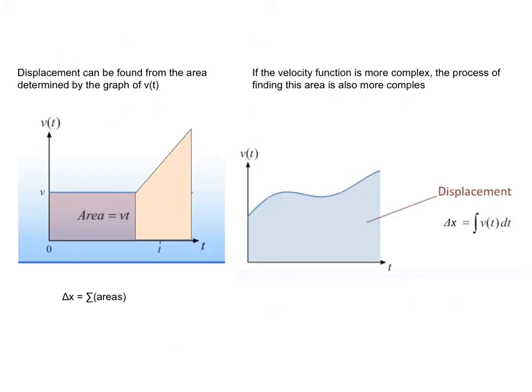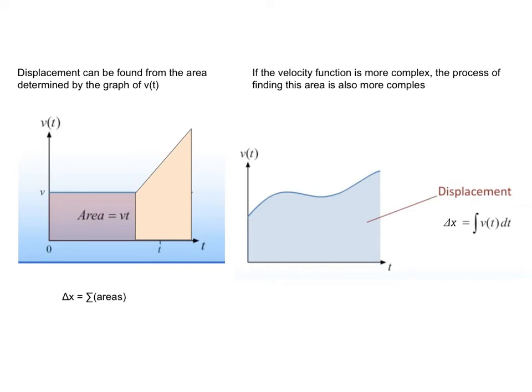So we have seen this before. We did this in our first year physics course, where we looked at displacement from a velocity graph. What we were actually doing is a simple form of this process of integration. We just only looked at situations where we could do it geometrically instead of having to use this calculus idea.